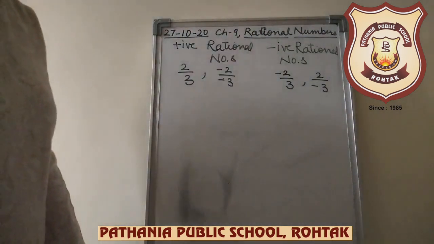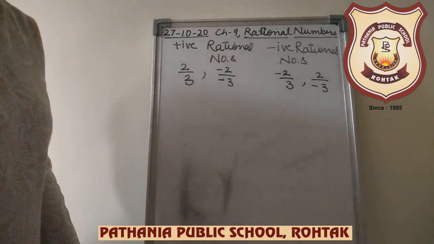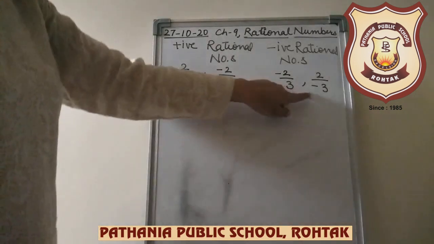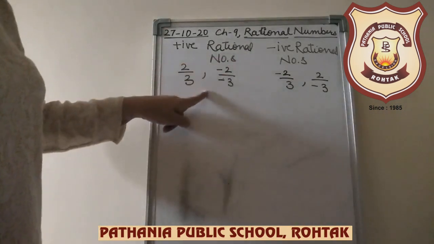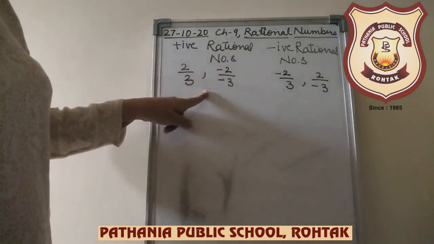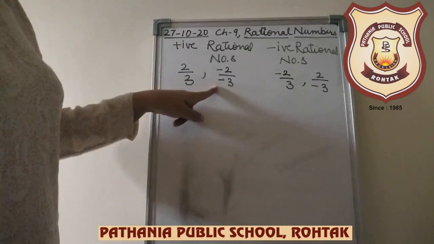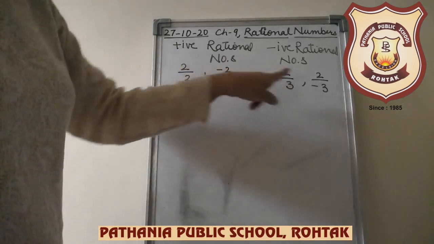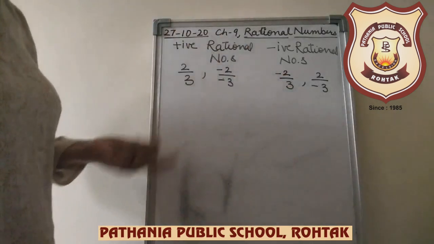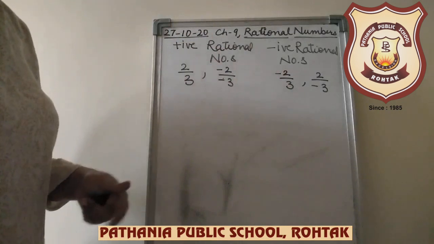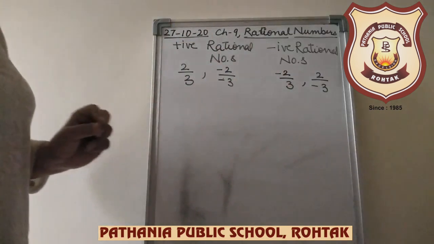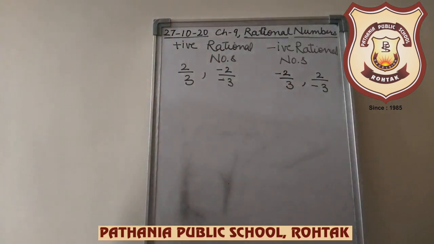These are negative rational numbers and these are positive rational numbers. Both are to be positive or both are to be negative. If one is negative, either the numerator or the denominator, it is a negative rational number.